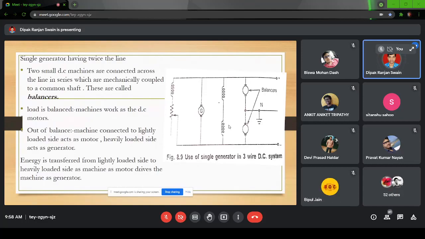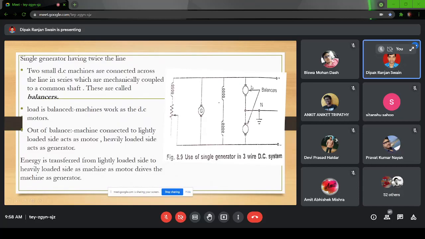Okay. So when it is out of balance, obviously out of balance means what? One of the sides is having heavy load, another side is having light load. Correct. That's why one side will draw current I1, the other side will draw current I2. Let us consider that I1 is greater than I2. So the neutral has a current of I1 minus I2. In that case, whichever side is heavily loaded, let us say the upper one is heavily loaded, it demands more power.